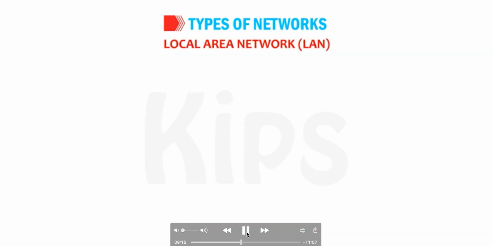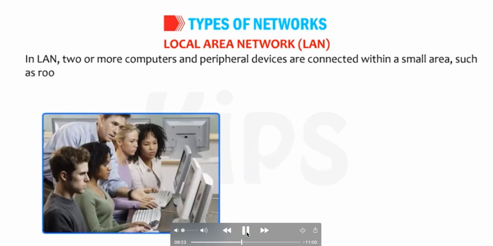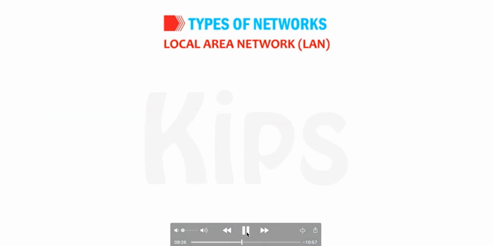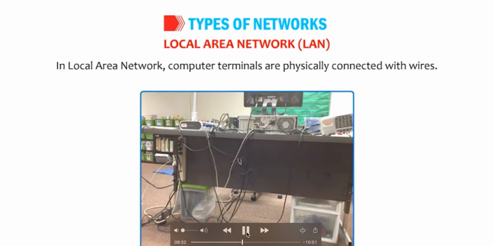The next network is the local area network. In a LAN, two or more computers and peripheral devices are connected within a small area such as a room, office building or a campus. In a local area network, computer terminals are physically connected with wires.